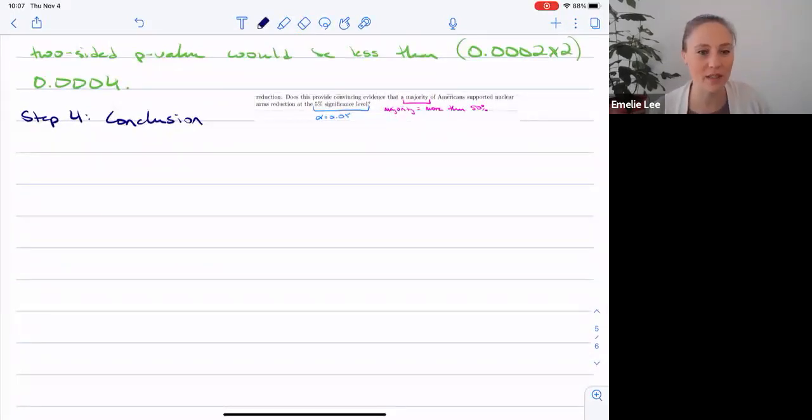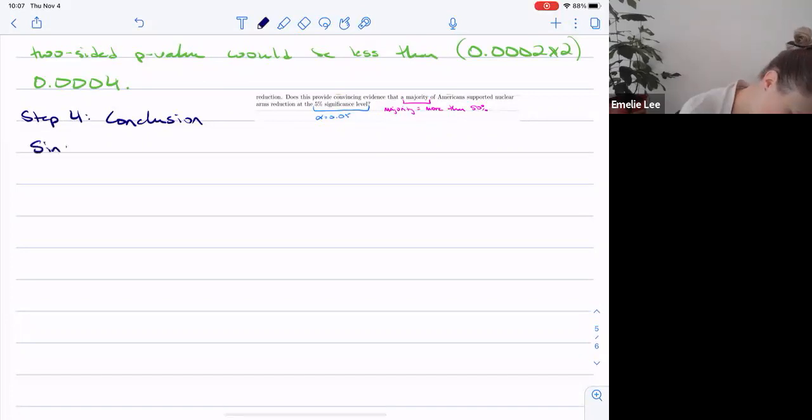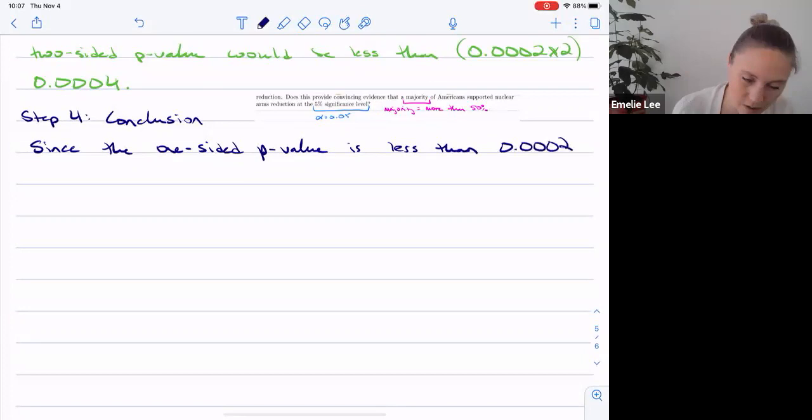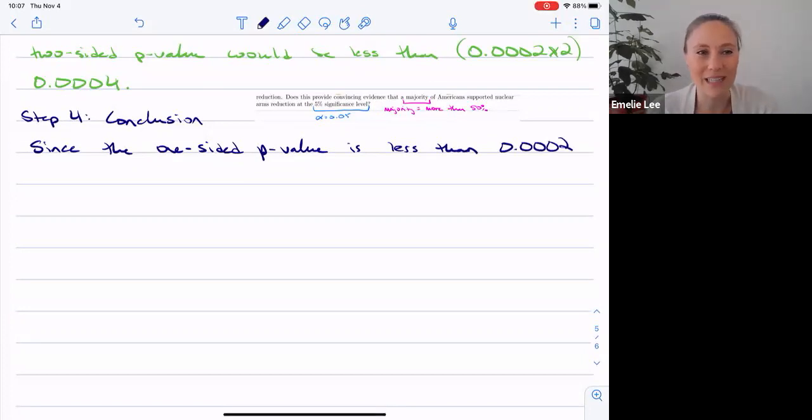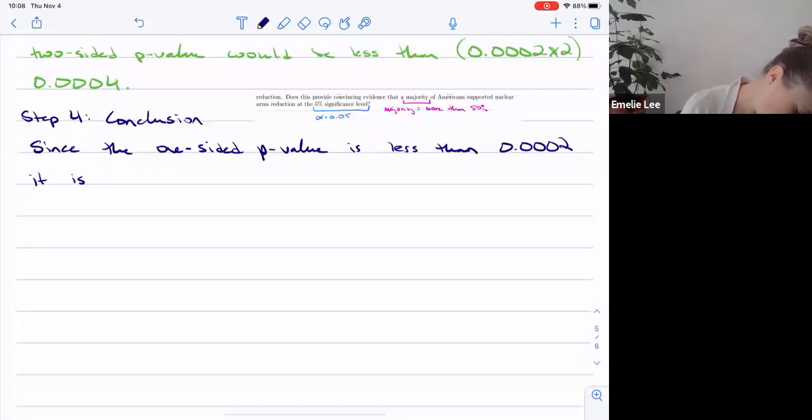So the conclusion. Since the one-sided p-value is less than 0.0002, it is definitely less than the alpha level of 0.05.